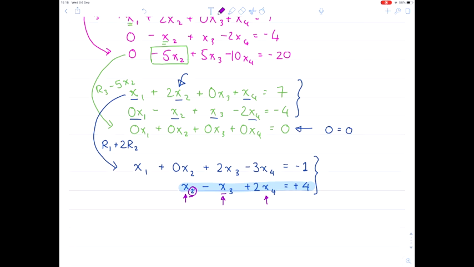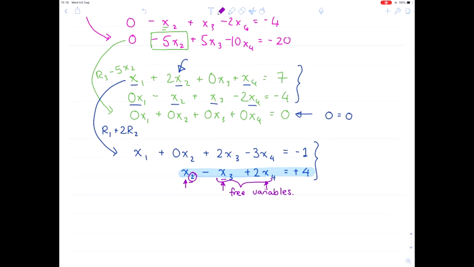So I'm going to declare that x3 and x4 are what we call free variables. They are things which can take on any value, so they're free. So I'm going to let x3 be equal to a, where a is any number in the real numbers, and I'm going to let x4 be equal to b, where b is any number in the real numbers.